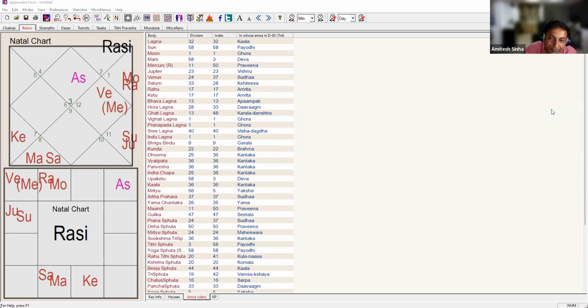Okay, so what does it mean? It doesn't mean they want to give you suffering. It simply means something has happened, like let's say some murder happened in the family, in the mother's family. They have done something to some female, or an accidental, unnatural death happened.